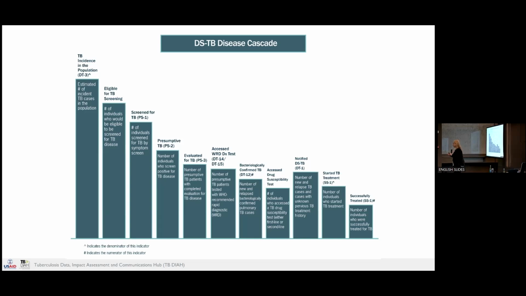This is one of them, the quality of information and relevance of information that should be presented here. So if this is so, then this country is doing very poorly, because even the number of individuals who would be eligible are not covered with screening, because the screening number should be some 20 times higher.